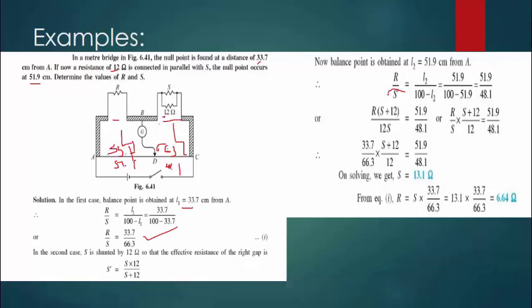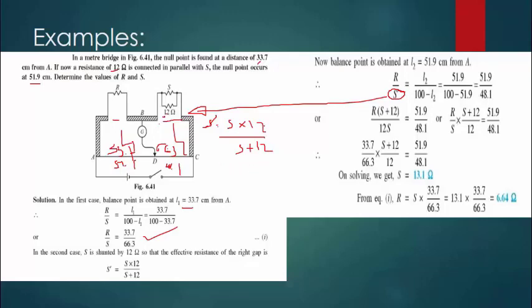But remember S ni effective resistance ya parallel connection ya kwenye hii gap hapa. So we know that parallel connection effective resistance S dash ni S times 12 divided by S plus 12.